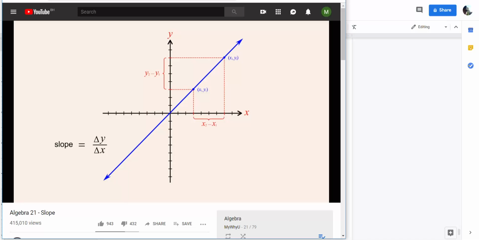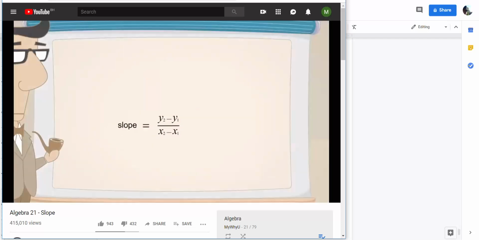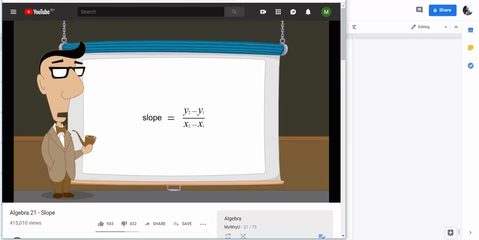So the slope delta y over delta x is y2 minus y1 over x2 minus x1. This is the general formula for the slope of a line given any 2 points on the line with coordinates x1, y1, and x2, y2. Of course, this can also be represented as delta y over delta x.